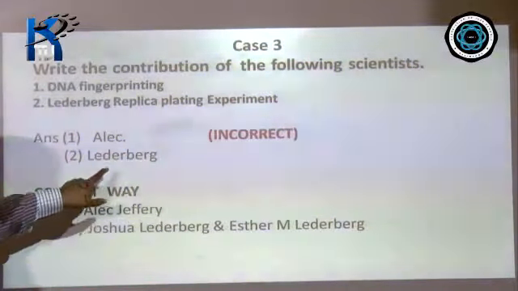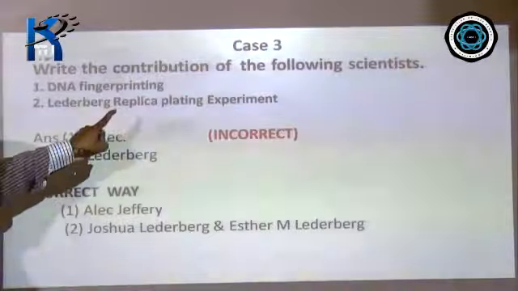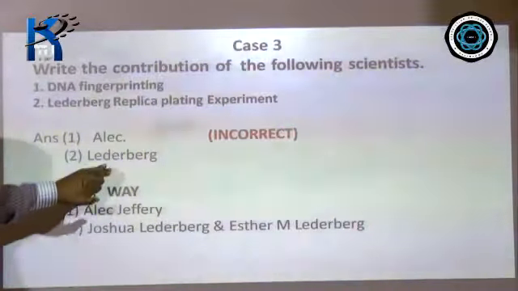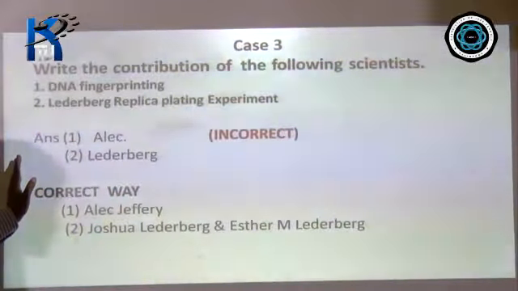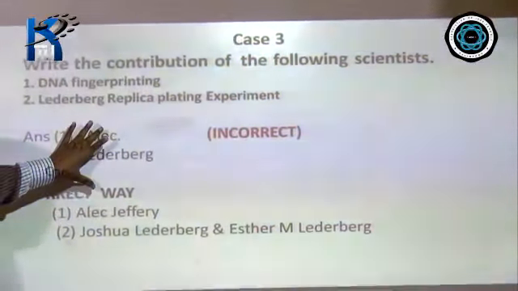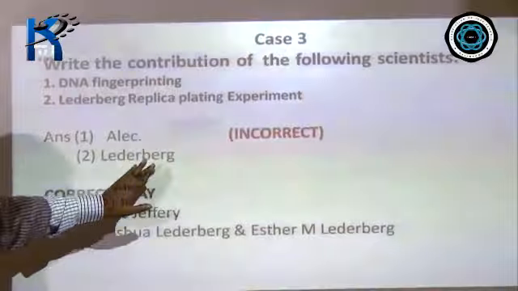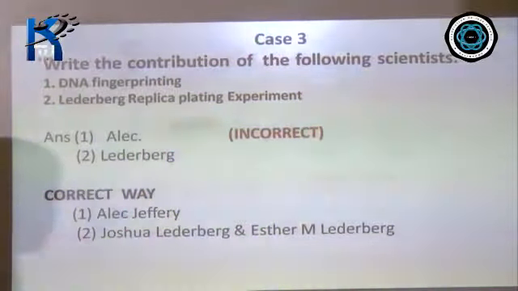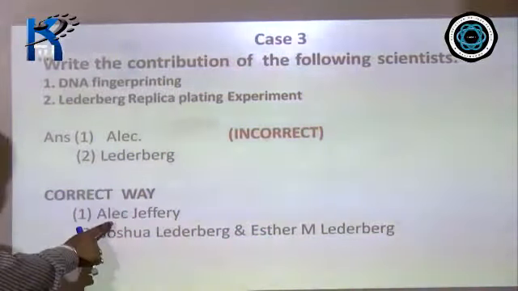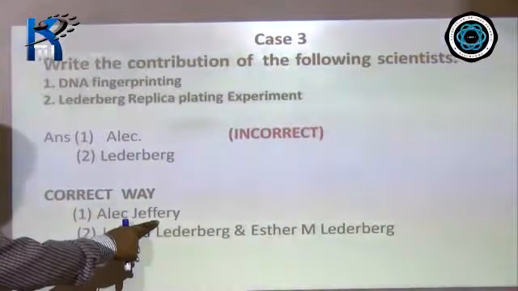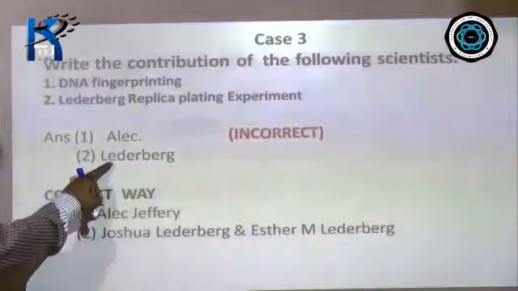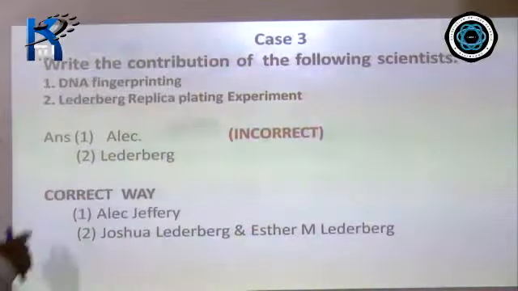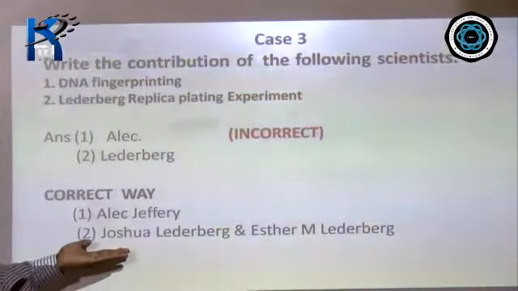In the second case, Lederberg, you write the surname but not the first name. This way it becomes incorrect. The correct way is Alec Jeffreys, which gives the full name. Similarly here you are writing the surname, but not the first name.